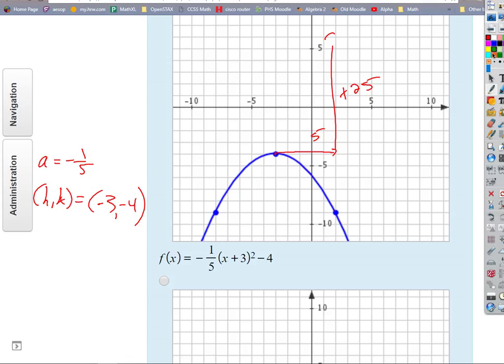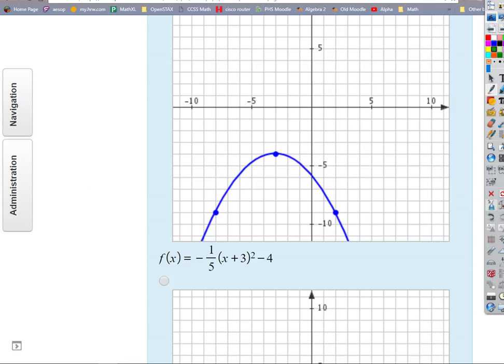But this time, I'm going down by 5. That works, doesn't it? 25 times -1/5 is -5. So it's the right dilation, and it's the right vertex, over 3 and down 4. So that's it. We got it.